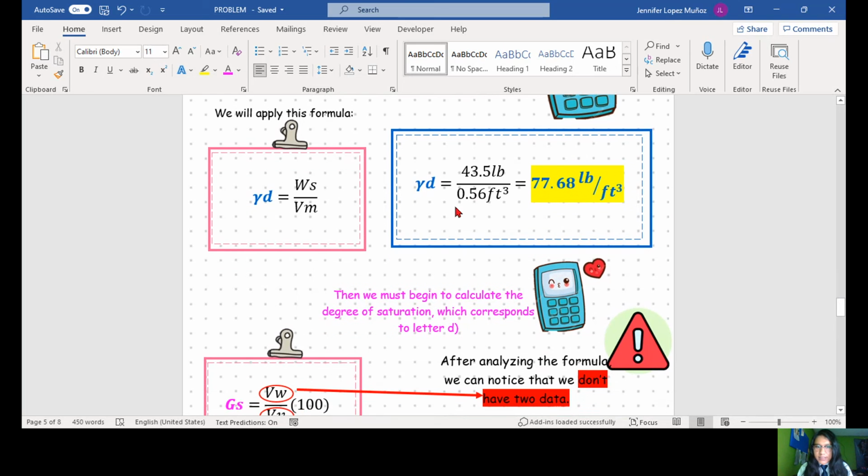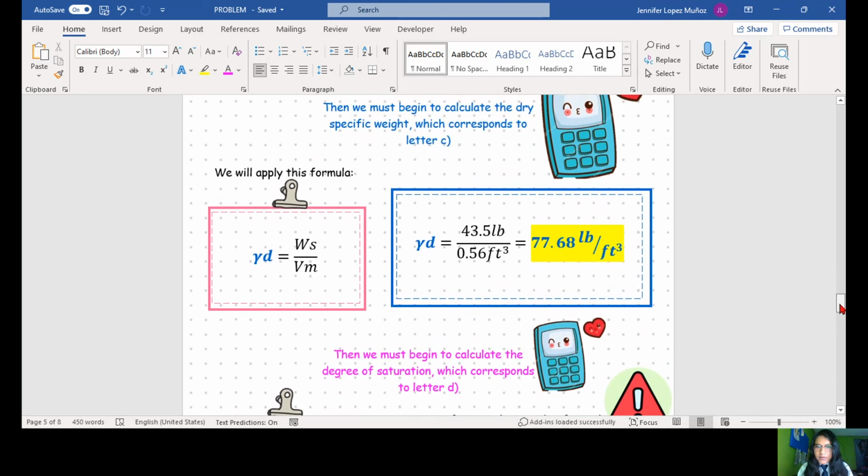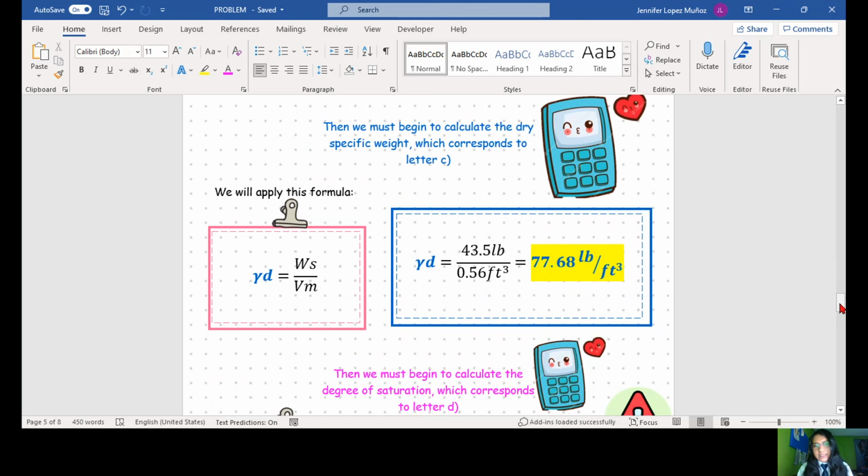This is the result corresponding to letter C, the dry specific gravity.